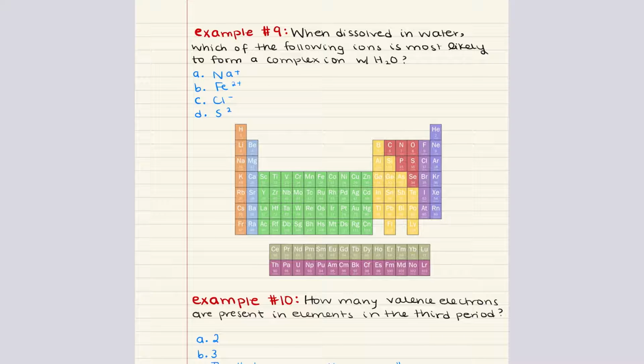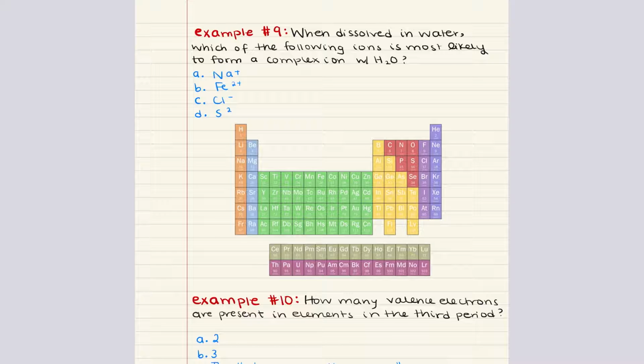And typically, transition metal ions are more likely to form complex ions with water because they have a high charge density and they can accept electron pairs from ligands. In other words, transition metals can form more than one ion, and so the transition metals in these various oxidation states can often form hydration complexes with water.